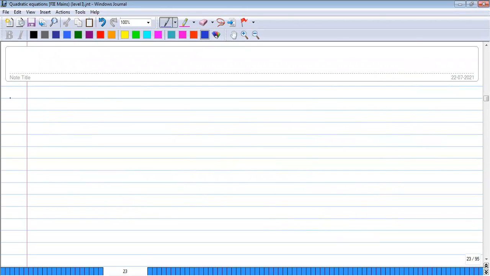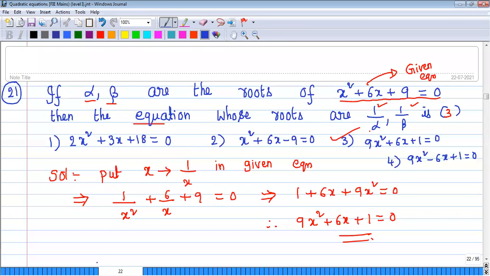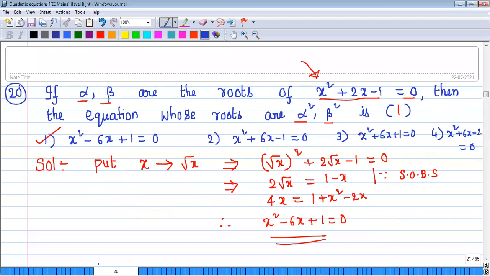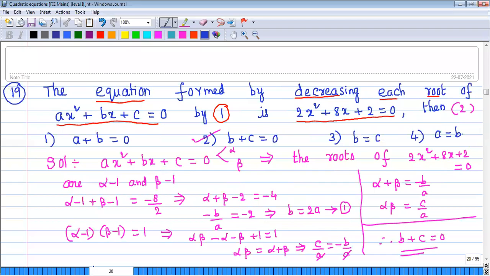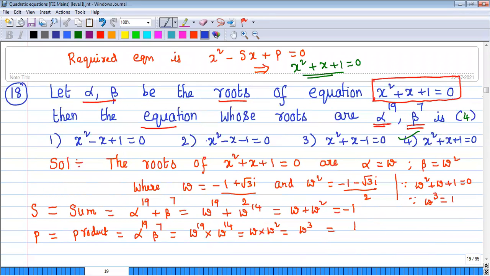22nd question. Before that, let me revise once again today's questions. This is 21st question. This is 20th question. This is 19th. This is 18th question.